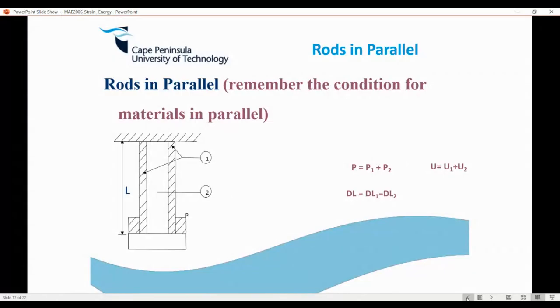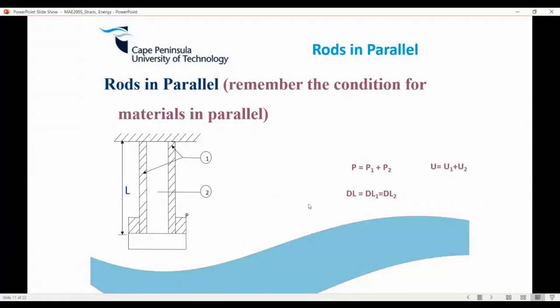And also, this is for a parallel, similar setup. You can see a parallel arrangement. There's one material on the outside, which is a tube or some kind of pipe, and inside the pipe we have basically a steel rod, the typical arrangement. And of course, what you see there is some collar with a weight P at the bottom.